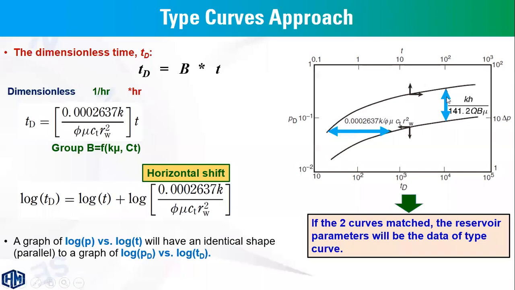As you can see, the vertical shift between p_D and delta p is a function of group A, and the horizontal shift between the dimensionless time and the time itself is group B. If the two curves are matched together, the reservoir parameters will be obtained from the type curve. This is the process of type curve matching, and this is the principle and the concept of well testing interpretation.